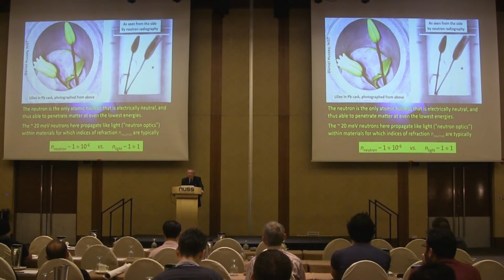And I'd like to point out that here you can see the vein inside a leaf of a flower inside a lead cask, and you can see the stamens and the pistils inside the fragile blossom of this flower inside a lead cask with neutron irradiation. This is the type of detail that you cannot see by other sources.